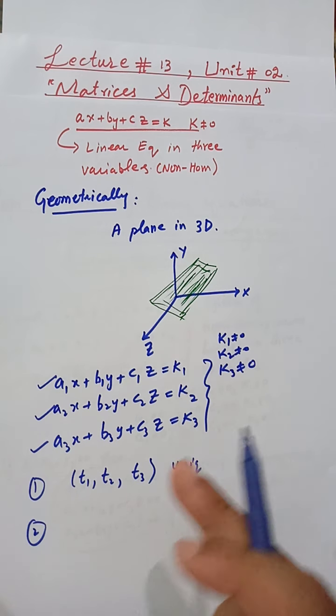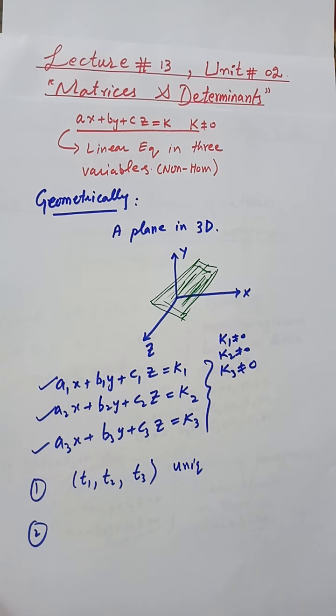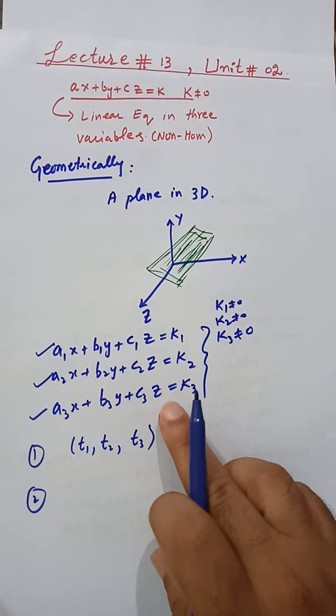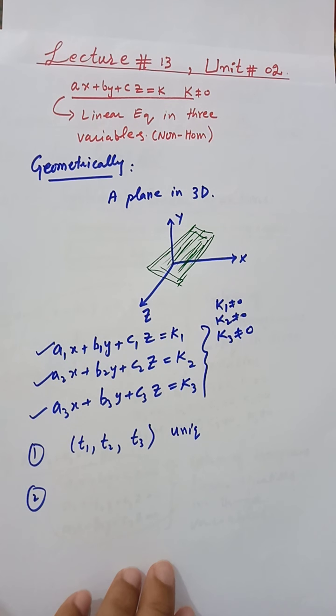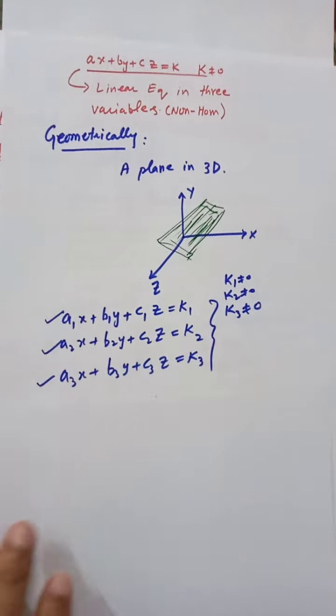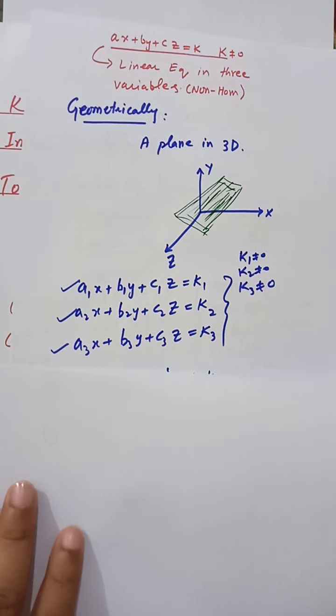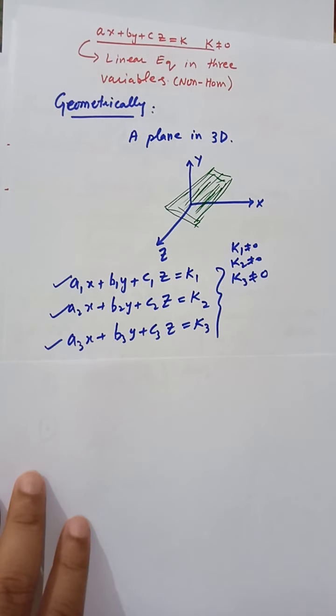Now we are interested in how we can find the solutions, what the procedure will be. So for the system of non-homogeneous linear equations in three variables, we have methods to find the solutions.